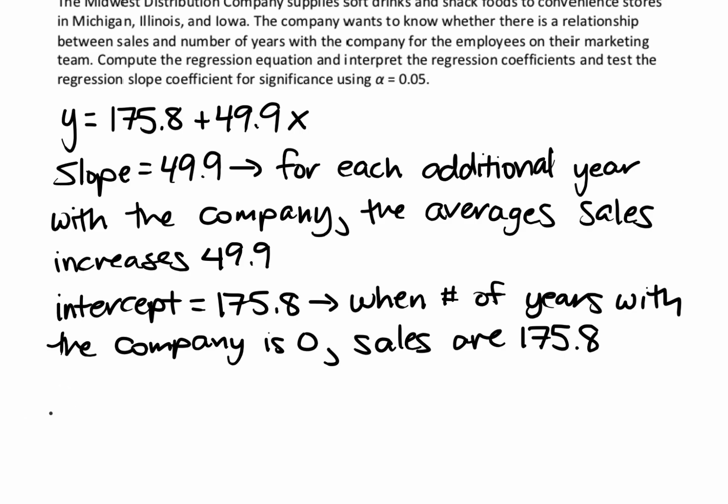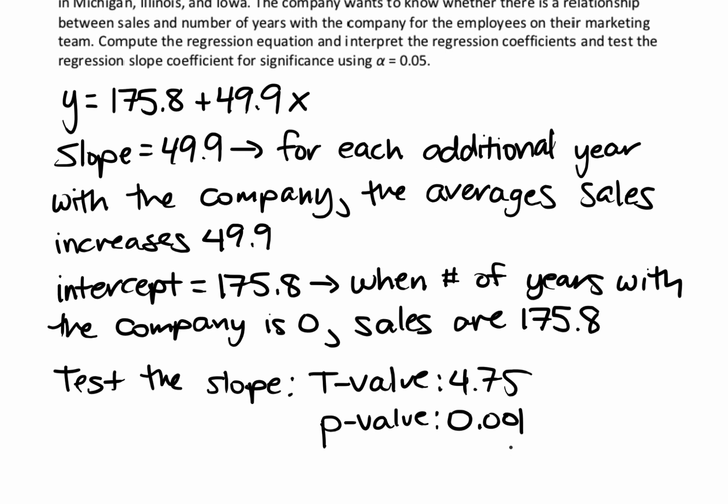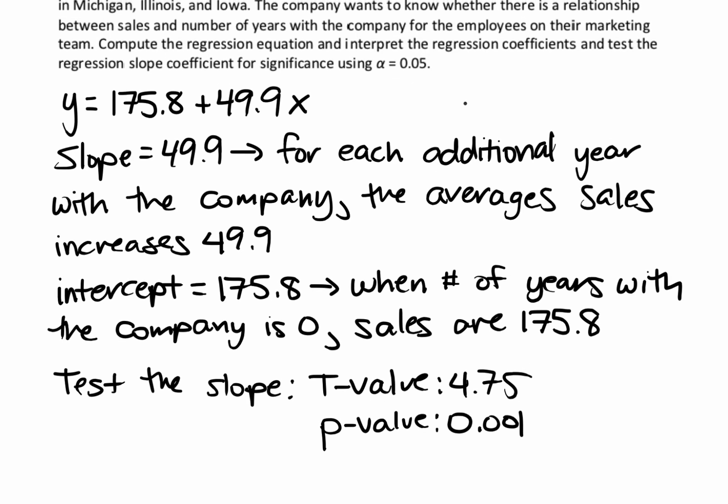I'll write them down here. So I had a t-value of 4.75 and a p-value of 0.001. And then, of course, I'm using alpha of 0.05.